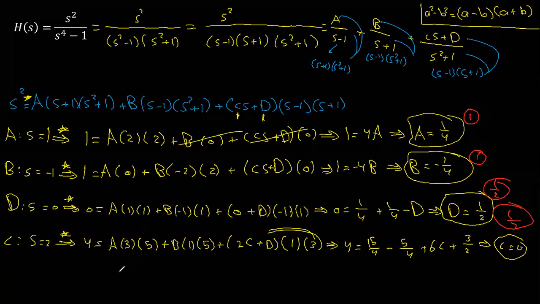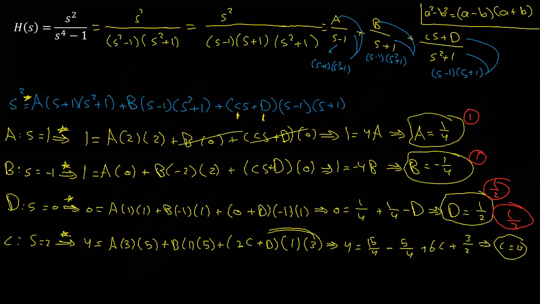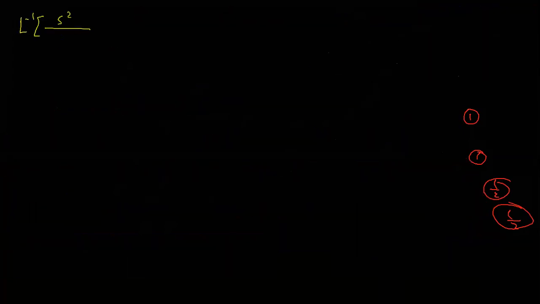Now, after finding all those constants, I'm going to the black slide to write, instead of my fraction, those 3 fractions. Yes, I have one. So if I need to find the inverse of my function, which is s squared over s to the power 4 minus 1, it's better to find the inverse of the following fractions.